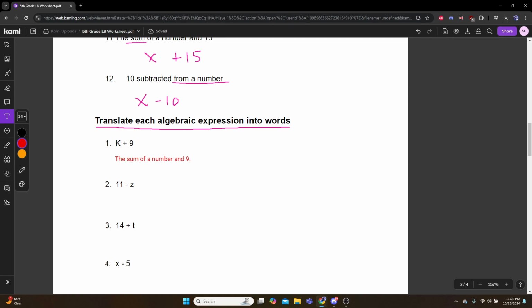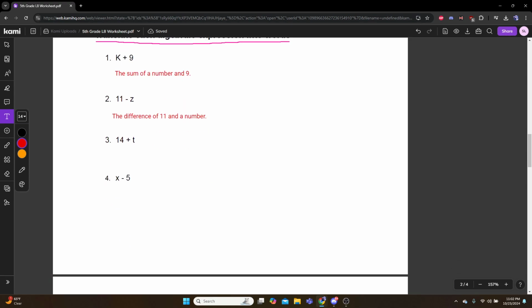So we could say the difference of 11 and a number, and in this case, z is our number. Again, we could do the sum because we're adding two numbers together. So here we would do the sum of 14 and a number.